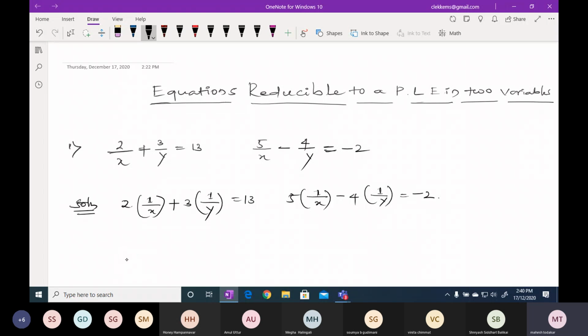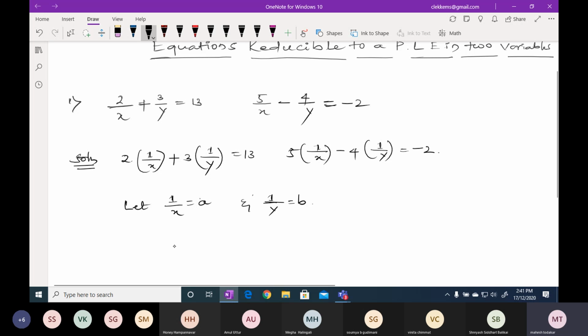Now let 1/x be a, and 1/y be b. Once you substitute 1/x as a and 1/y as b, this implies 2a + 3b = 13.